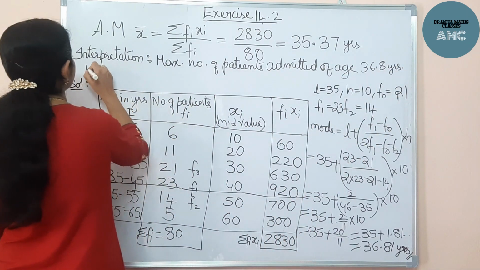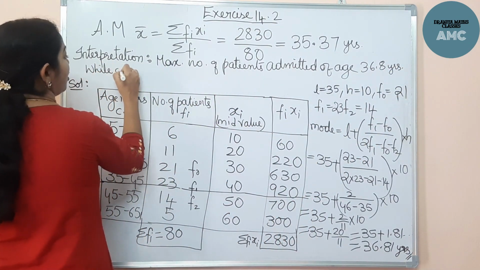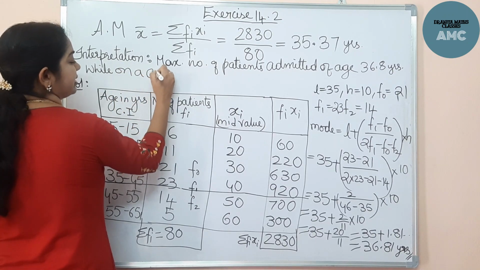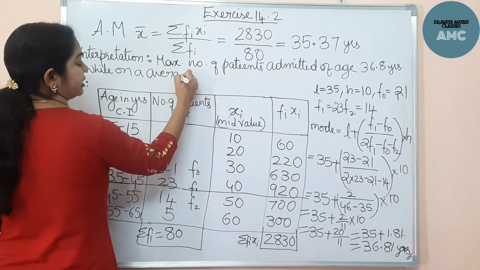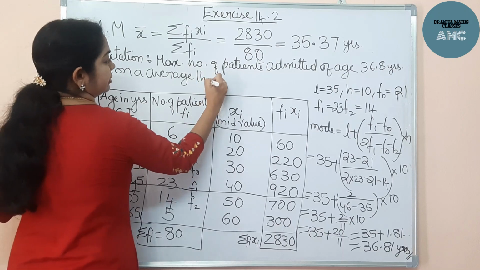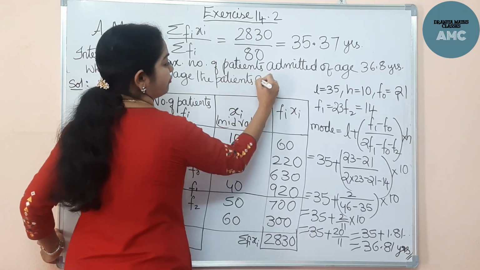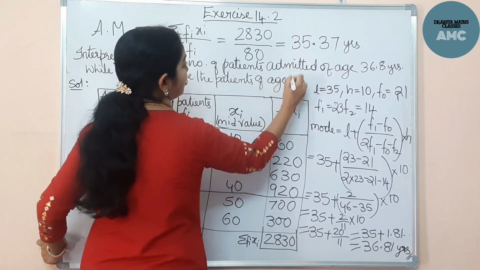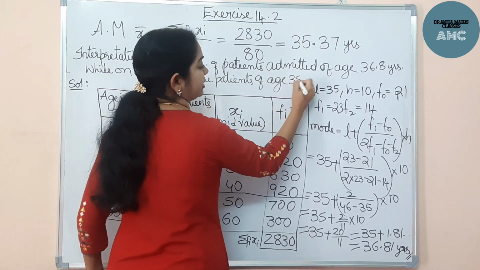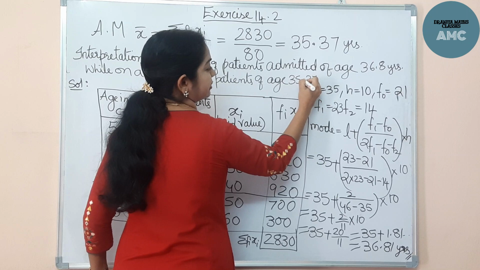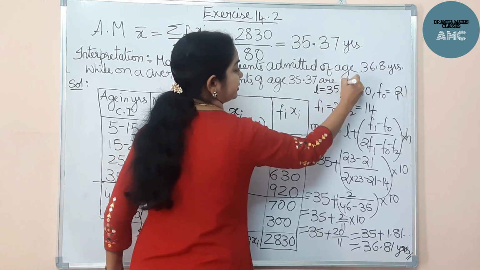Whereas on an average, mean is an average, isn't it? On an average, the patients of age 35 are admitted.